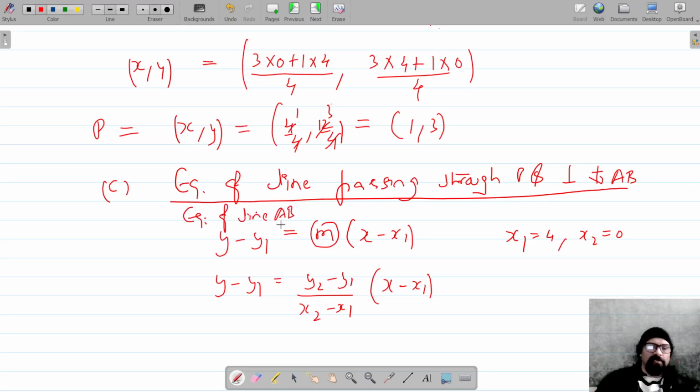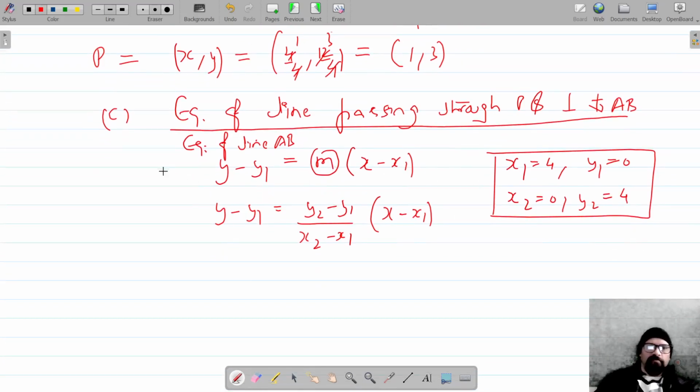So let's first find our equation of line AB, and for it x1 is equal to 4 and y1 is equal to 0, and x2 is equal to 0 and y2 is equal to 4.